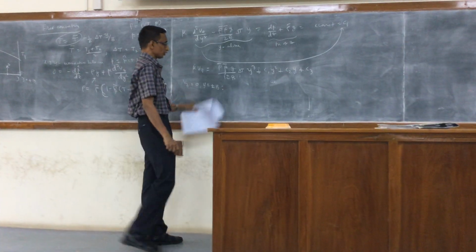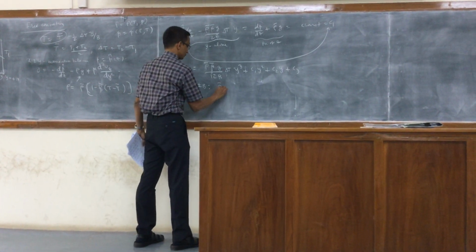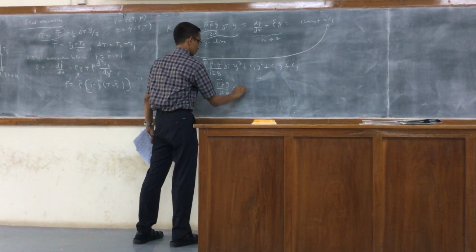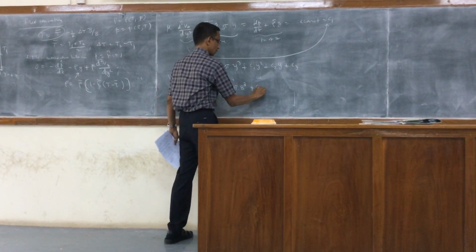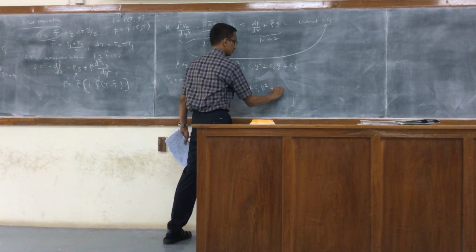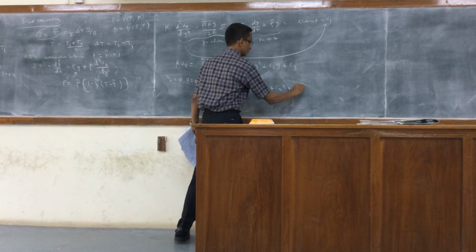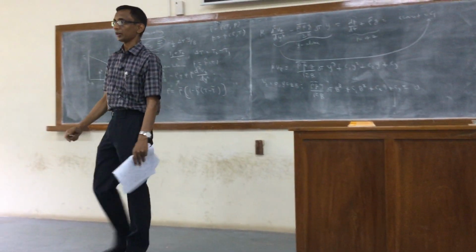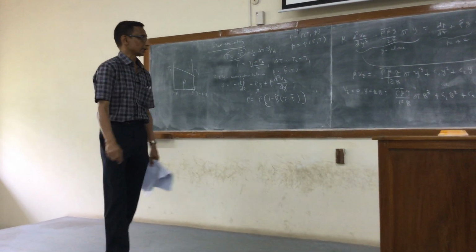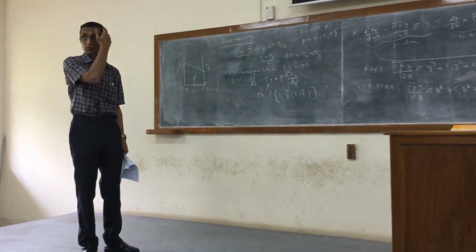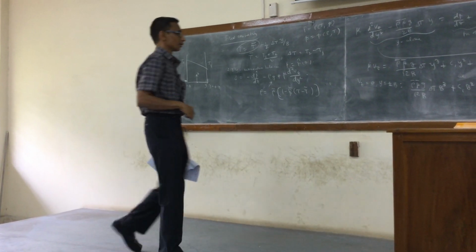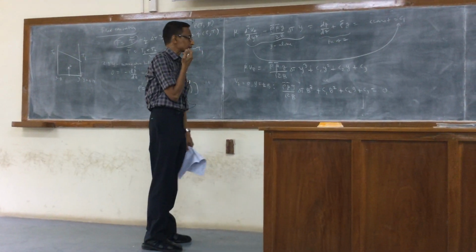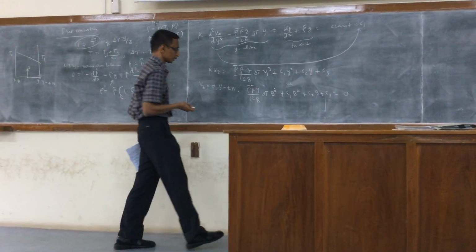So if I apply it first at plus b, I get b cubed plus C1 b squared plus C2 b plus C3 equal to 0. That's the no-slip condition applied at y equal to plus b. This is again the assumption of the no-slip condition, which is normally used for a linearly viscous incompressible fluid. That's what is done here.